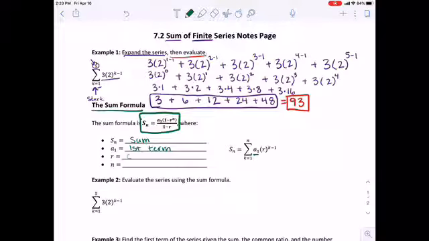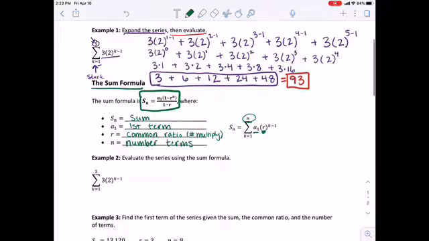R is the common ratio, or in other words, it's the number we're multiplying by each time. And notice that that is in this parentheses right here. There's our R. And then N is the number of terms that we're going to, and that shows up here on top of our sum.